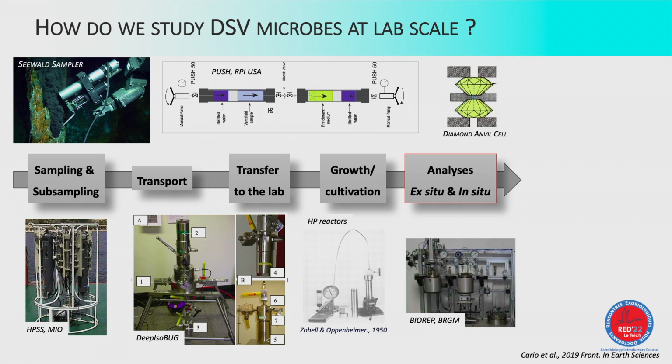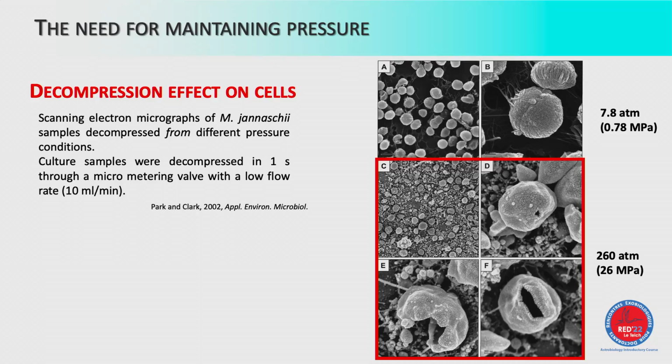Here is the big challenge for deep sea vent samples: maintaining the in situ pressure. Because if you don't, bad things happen. Here you have an example of Methanococcus jannaschii strains decompressed really fast after cultivation at 26 MPa, and you see that the cells exploded.